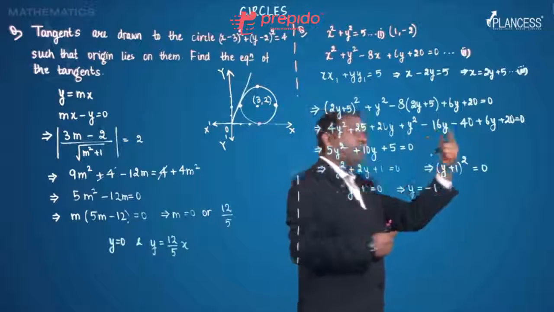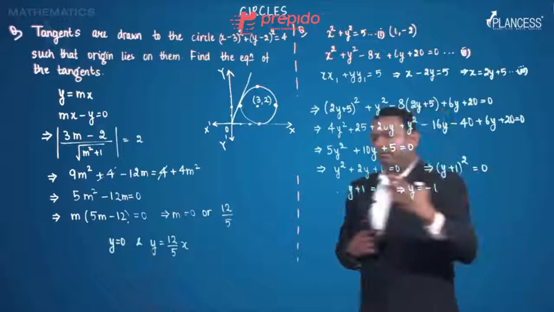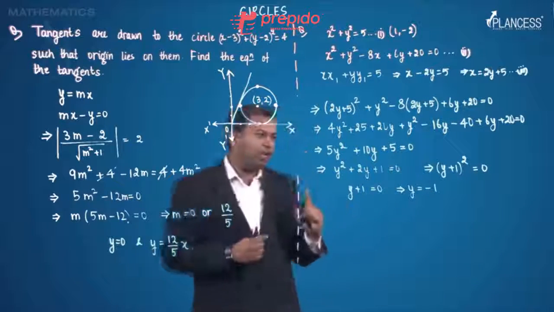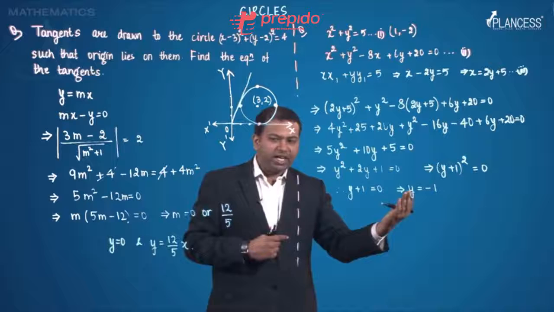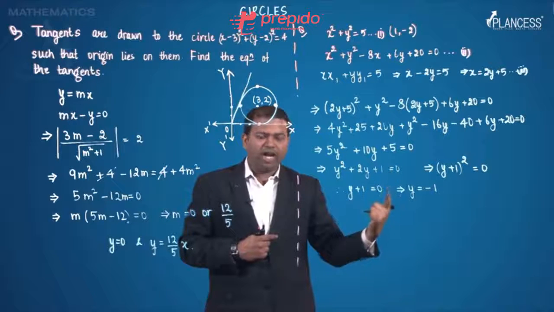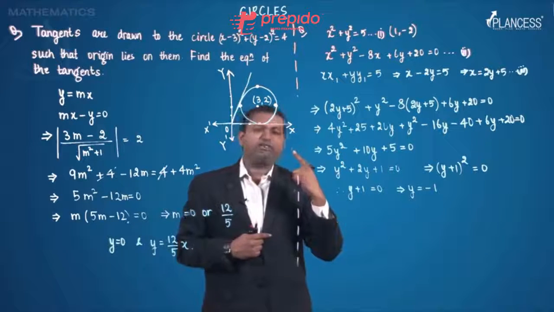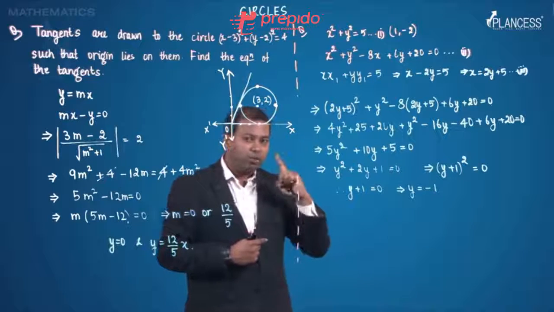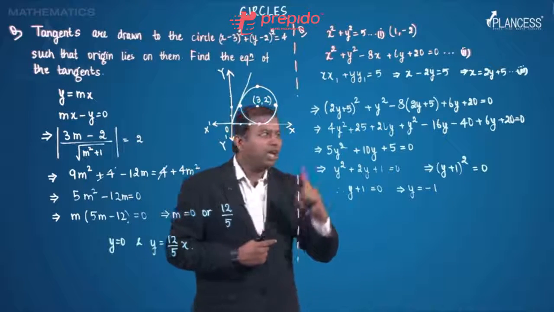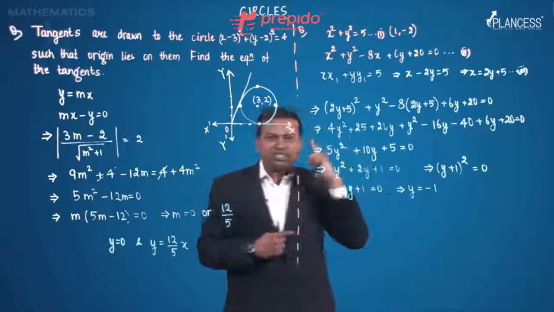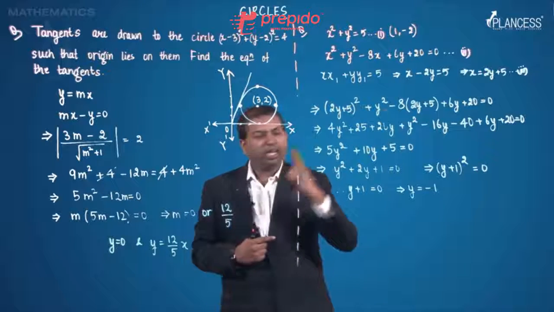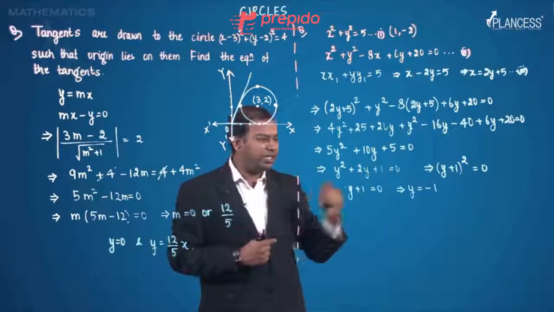So on solving equation 2 and 3, we have obtained just one value of y, and which means this one value of y would give us one corresponding value of x, which means it will give us just a point. And since the intersection of a circle and a line is just one point, this line is also going to be the tangent.